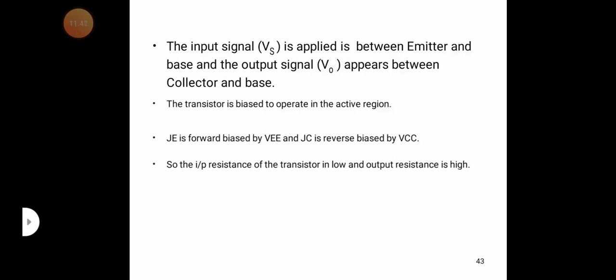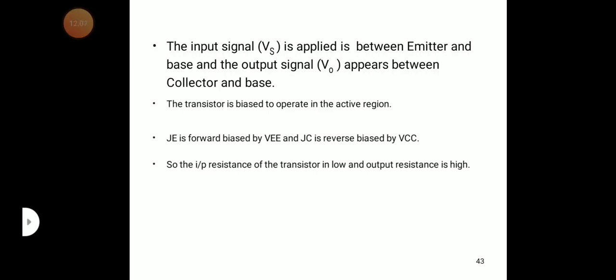The emitter junction is forward biased by VEE and the collector junction is reverse biased by VCC, as I already mentioned.